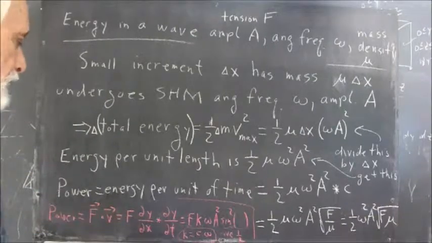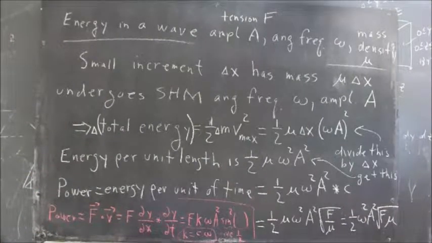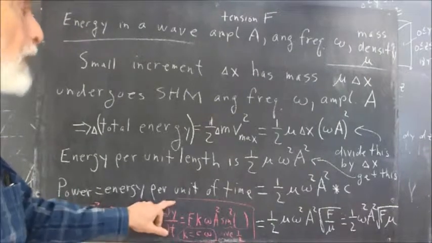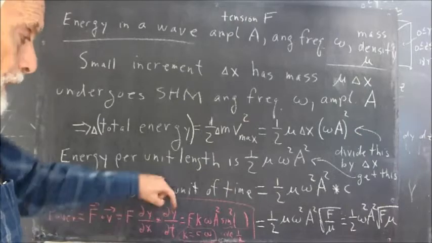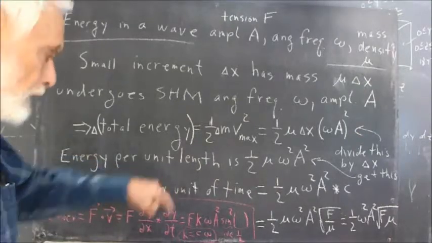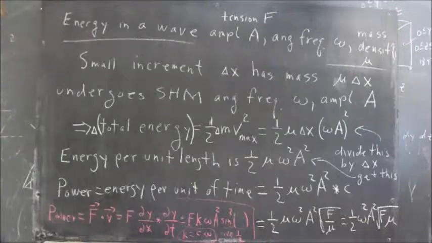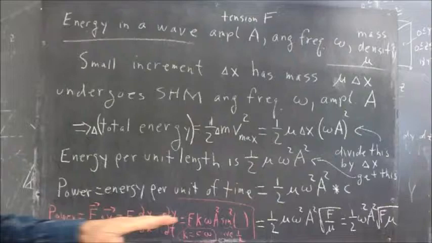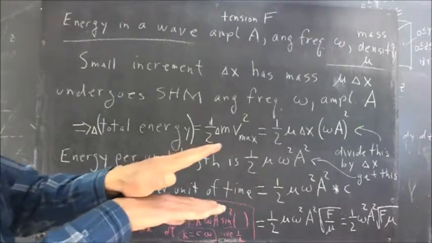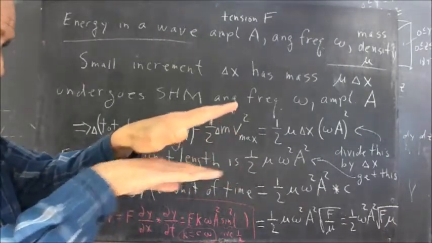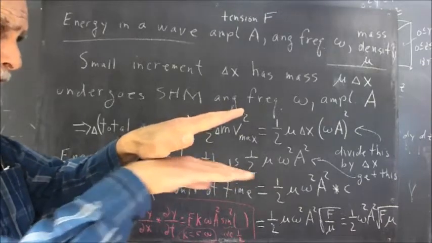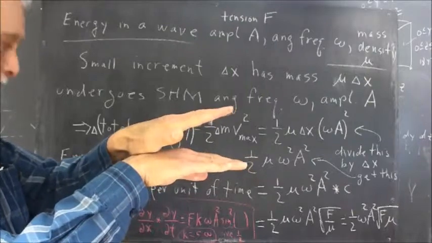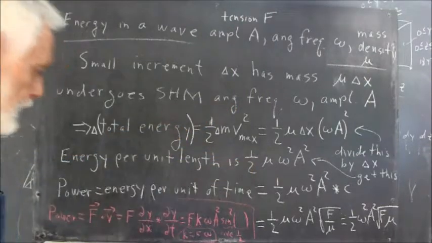So that dot product is going to be the product of what? Well, first of all, the velocity is just the partial derivative of y with respect to t, where y is your wave function. And the force is going to be F times the sine of whatever the angle is between the direction of the wave and the direction of the string at that point, and the direction of the equilibrium position, the direction of the axis.